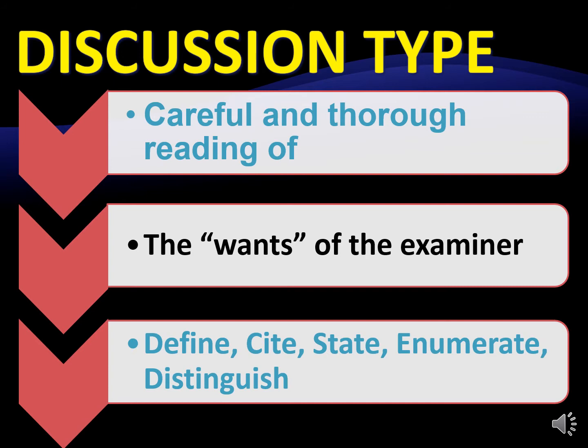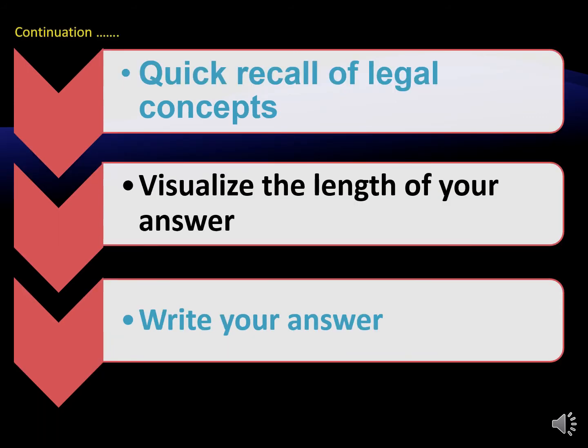After this, you're going to have a quick recall of legal concepts. In the recall of legal concepts, remember the mind of man works through association of ideas. When you see a word, this is associated with your experiences that you've read. For example, you see the words San Francisco.